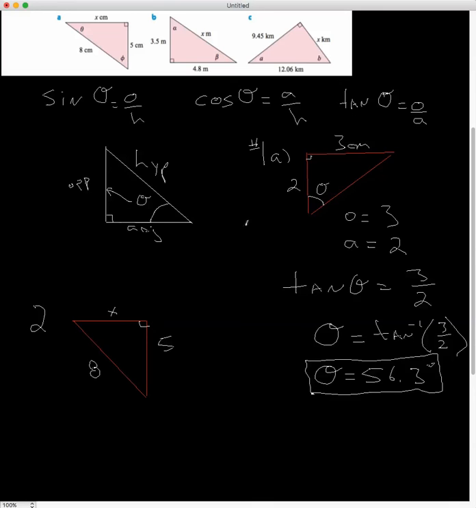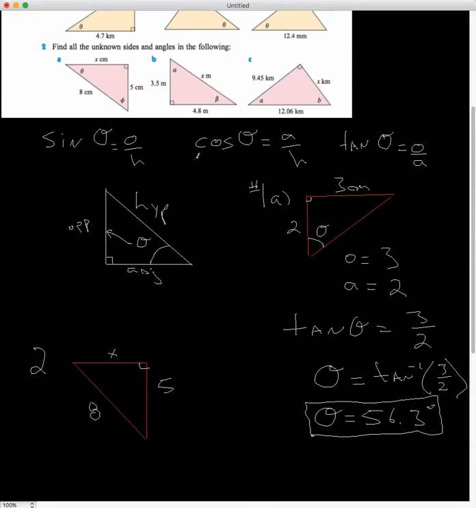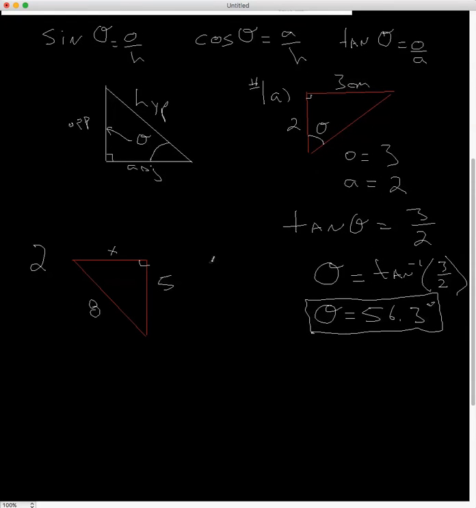We have to remember again that you can only use these 3 trig ratios with right angles, and you can only use Pythagoras with right angled triangles as well. So Pythagoras says a squared plus b squared is equal to c squared, and our c squared is always our hypotenuse.